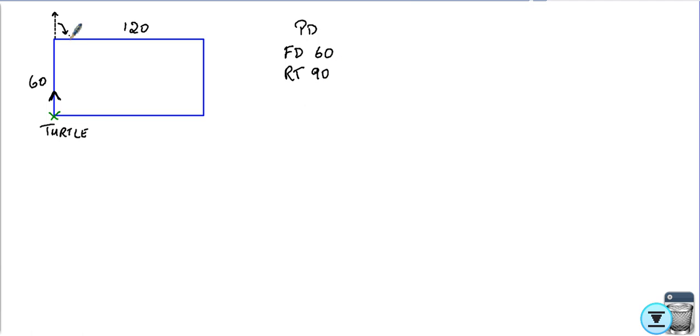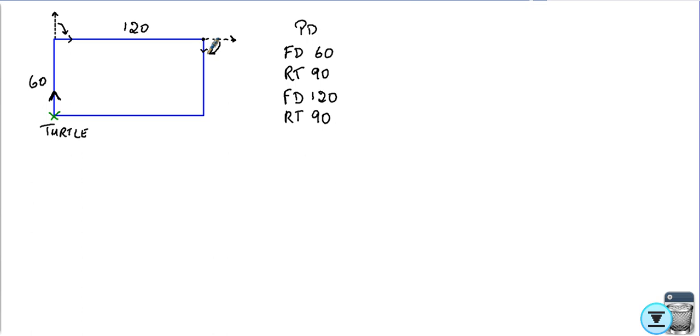Now the turtle is facing this direction. The turtle needs to move 120 steps now. So forward 120 steps. The turtle has arrived here, it needs again to turn to the right by 90 degrees, so right 90.